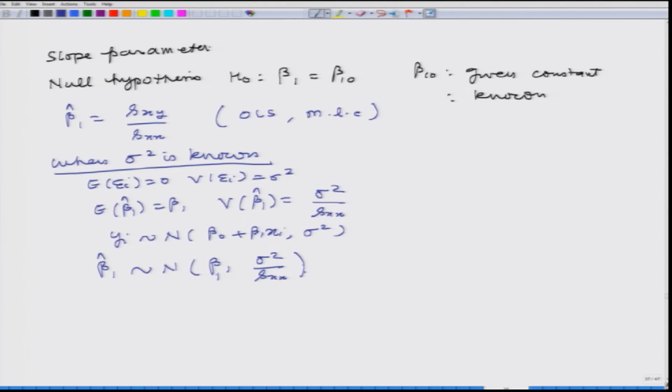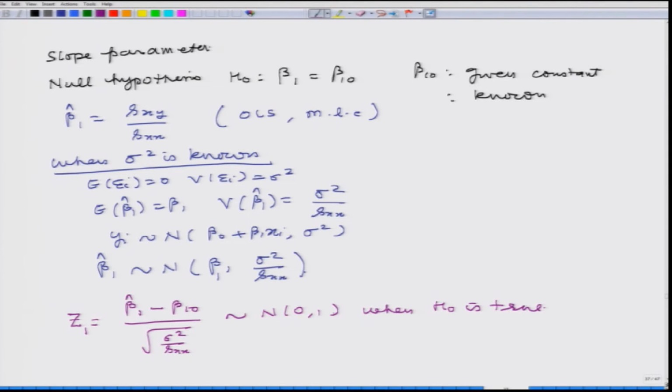Based on that, I can create a statistic. So beta 1 hat minus beta 1 naught divided by the square root of sigma square over Sxx, we know this is going to follow a normal distribution with mean 0 and variance 1, when H0 is true.